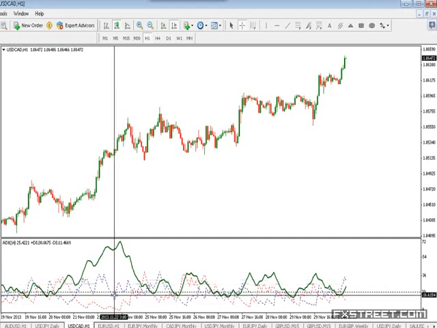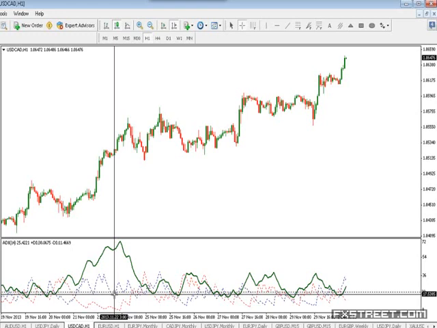We'll come back to the DMI lines subsequently. Now, the characteristic of the ADX is very simple: when the reading of the ADX is somewhere around 20, it means that an expected trend is supposed to start from here.